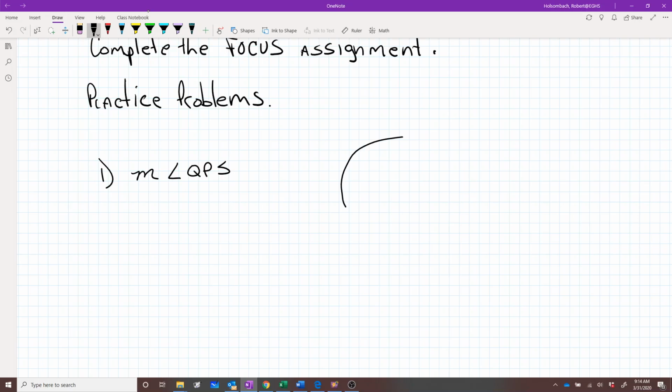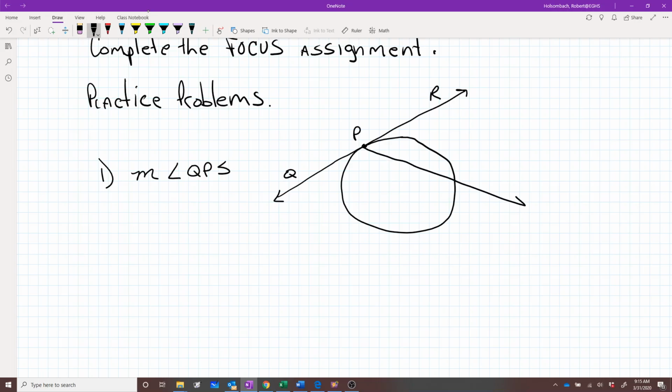And here's our circle. Here's our tangent. Here's our secant through point S, and here's 250 degrees.